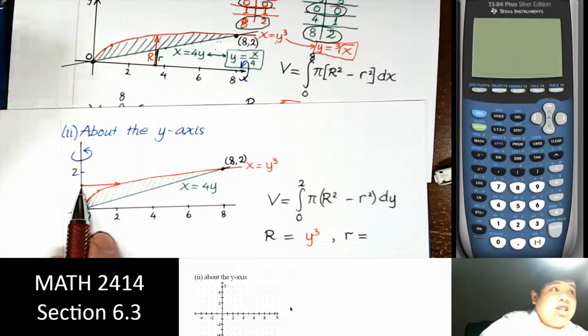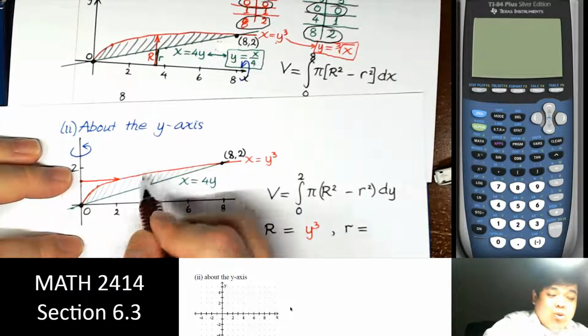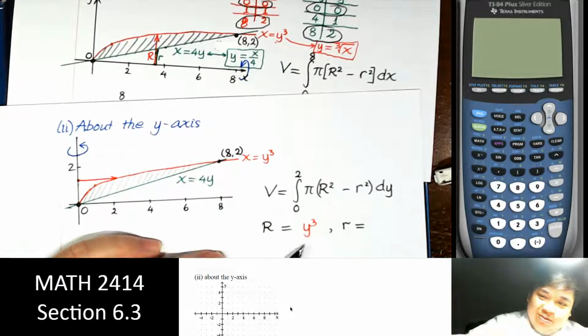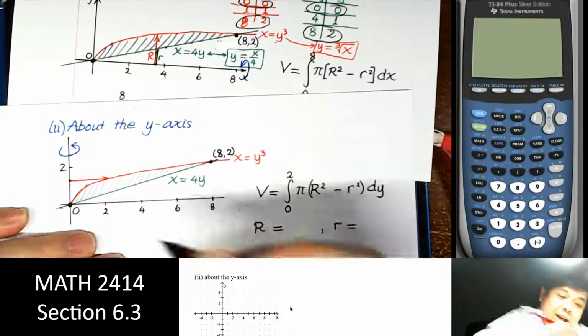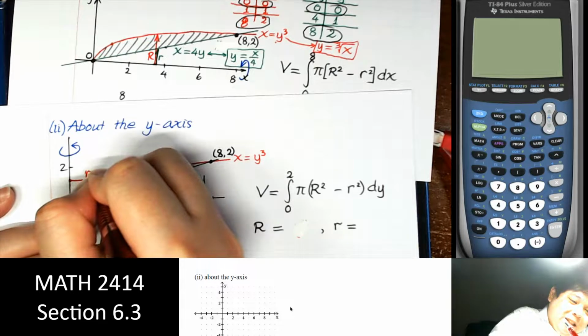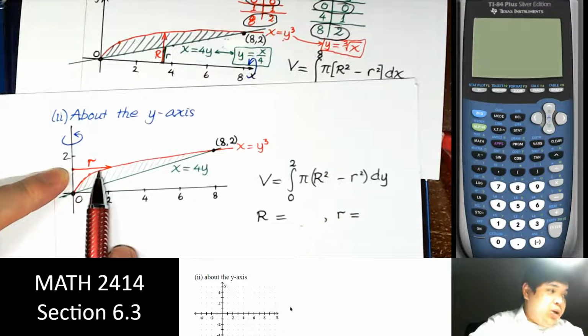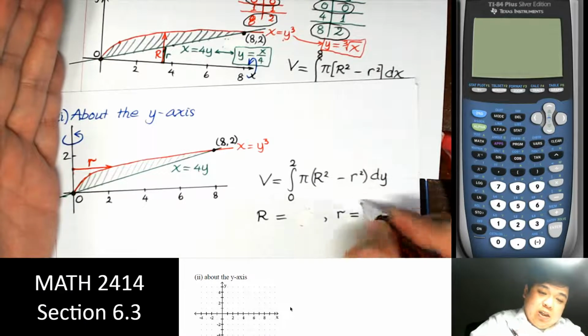Oh shoot, sorry. That is the little r, right? Because that is the inner edge, from the axis of rotation to the inner edge. So that's going to be y cubed.